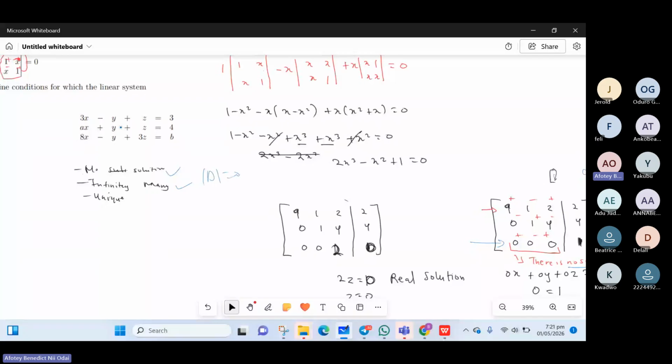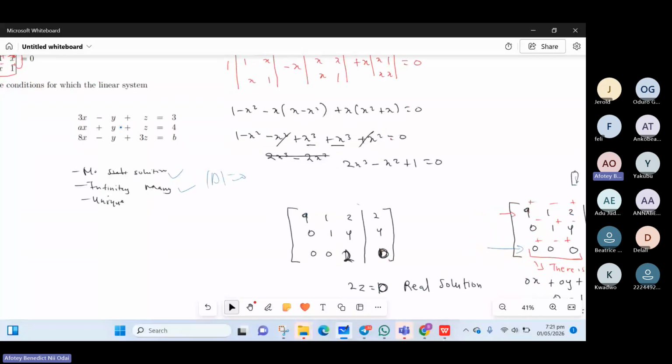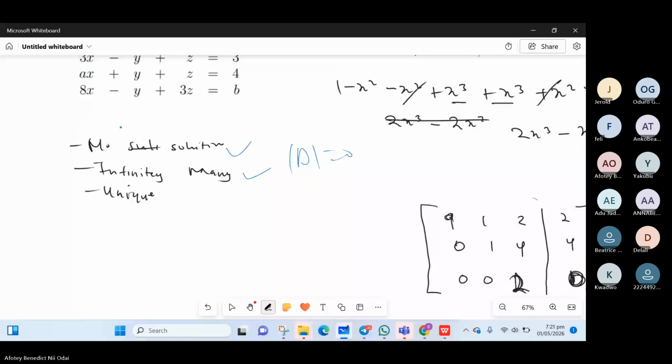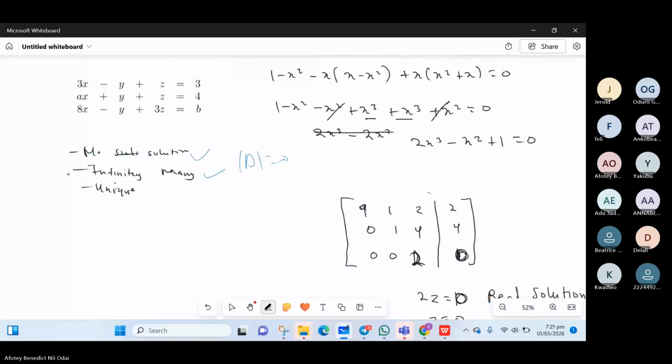Now let's rewrite this equation, and we get basically 3, negative 1, 1; a, 1, 1; 8, negative 1, 3. This is what we get. So let's try and find the determinant of this.